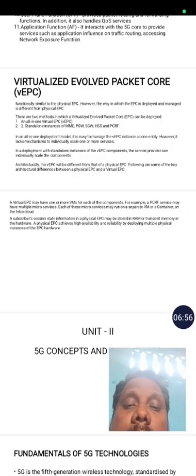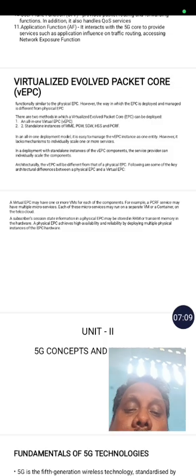So these are the two things that were given. The subscriber state information in a physical EPC must be stored in RAM or transient memory in the hardware. It achieves high availability and reliability by deploying multiple physical instances.